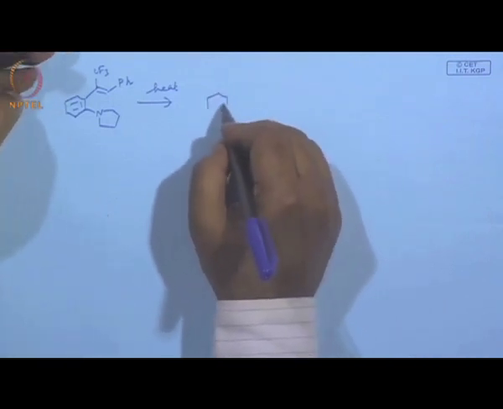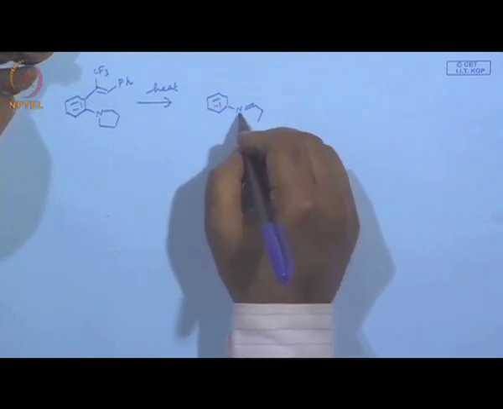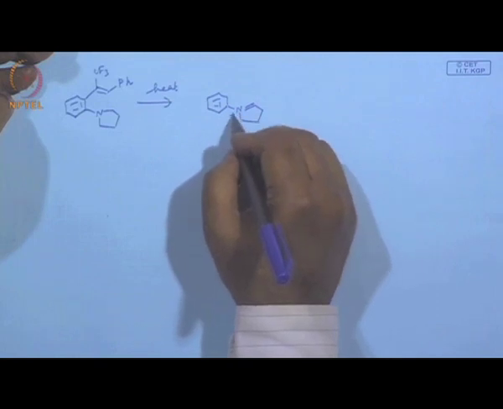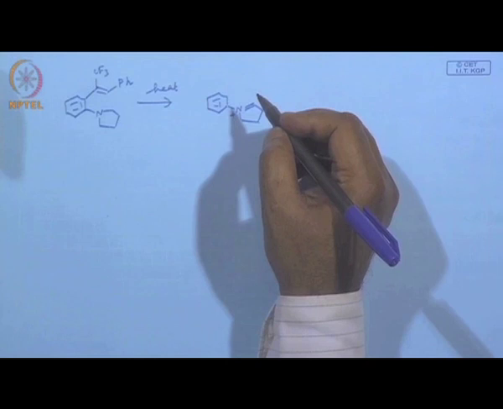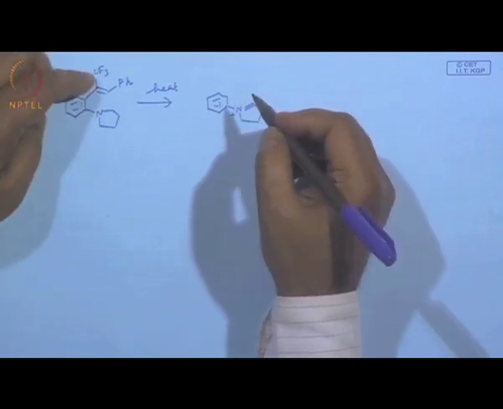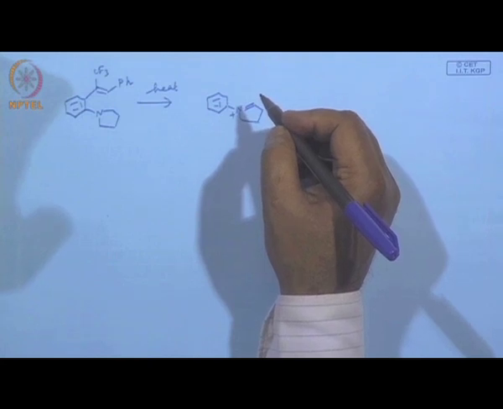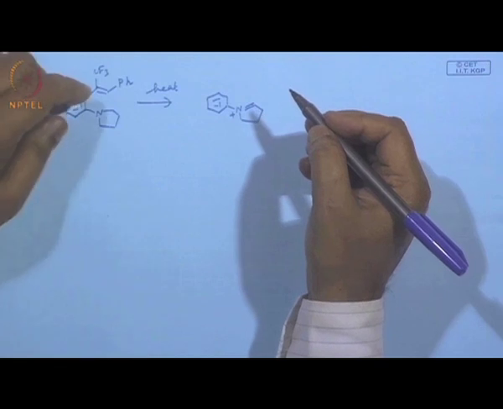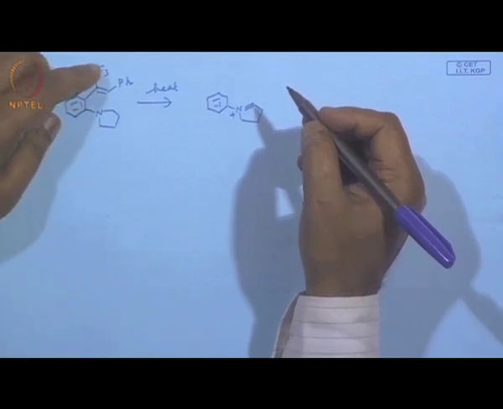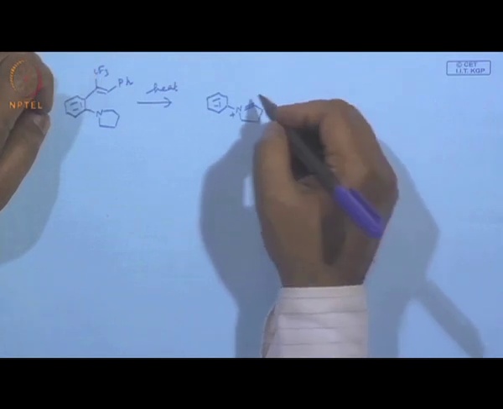Well, one thing we can expect is that it first forms this iminium ion, right, and then you have to decide whether this hydride would be transferred to this carbon or the other carbon. Okay. And mechanistically, if the hydride transfer is required, it should go to the electron deficient carbon, and the trifluoromethyl group is electron deficient, right.